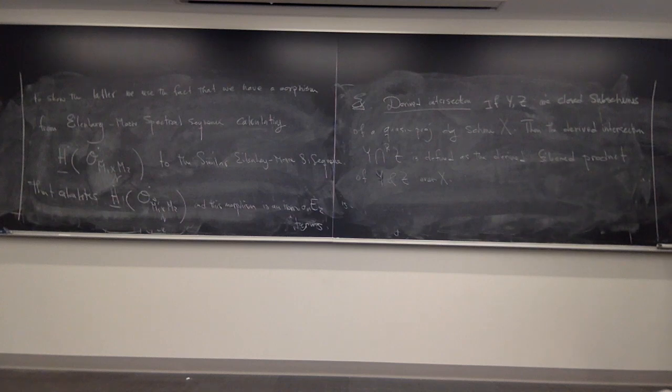These are DG subschemes, so via the natural embeddings of these. So these are two closed subschemes of DGC.